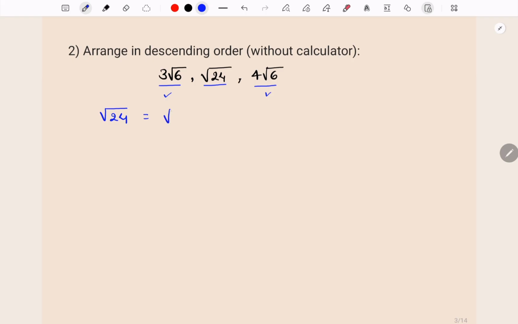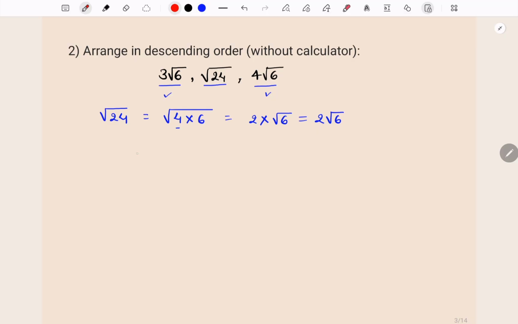Root 24 can be written as square root of 4 times 6. Look carefully that I have factorized 24, and one of the factors, 4, is a perfect square. So square root of 4 is 2, so 2 times root 6, that is 2 root 6.